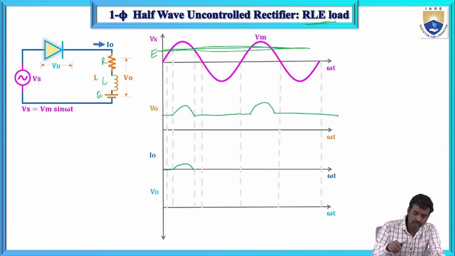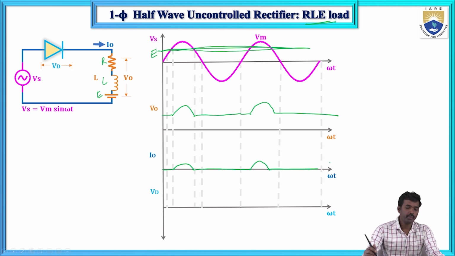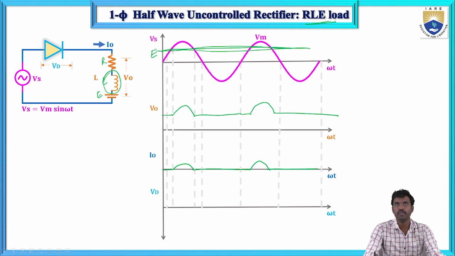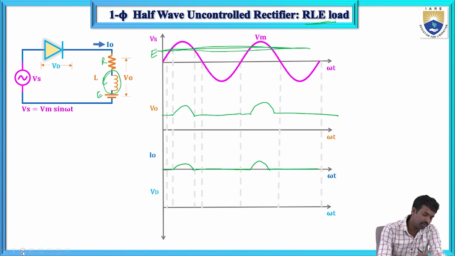And now here, because the inductor stores energy in the form of magnetic field, that stored energy, when it is in reverse bias, sends power from the load to the source because of the inductive property. So let me change the color.